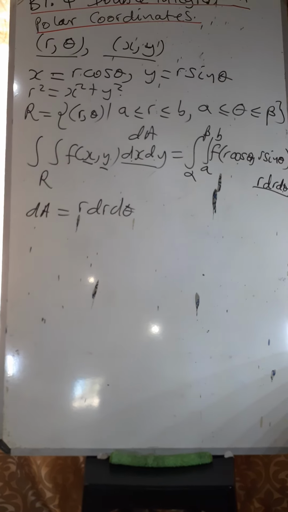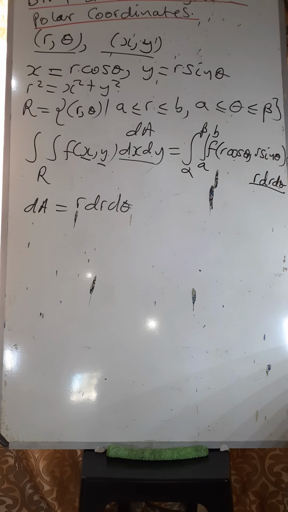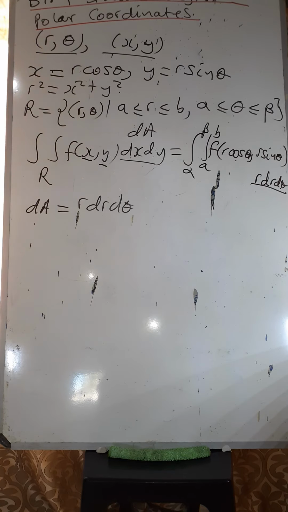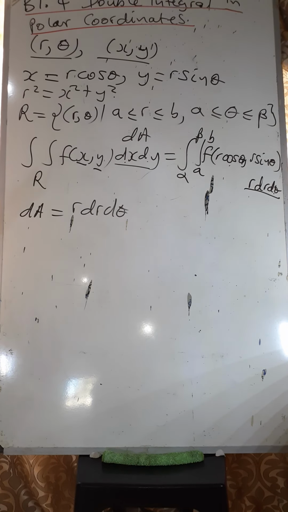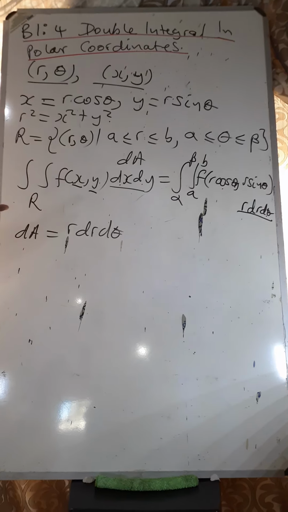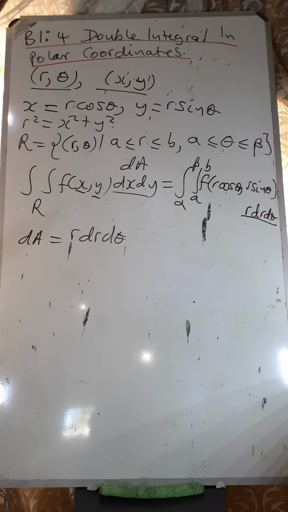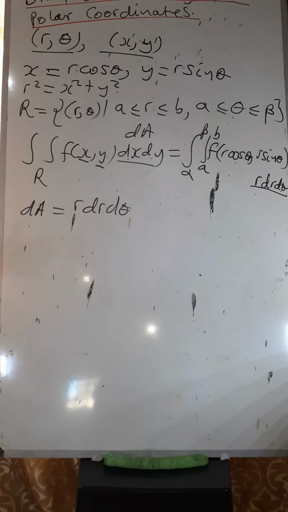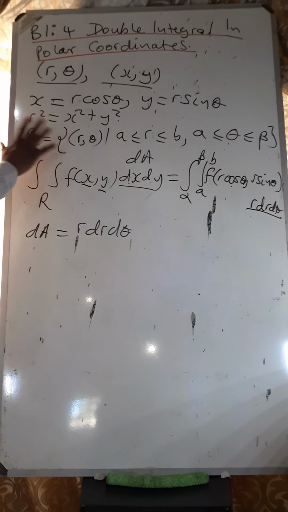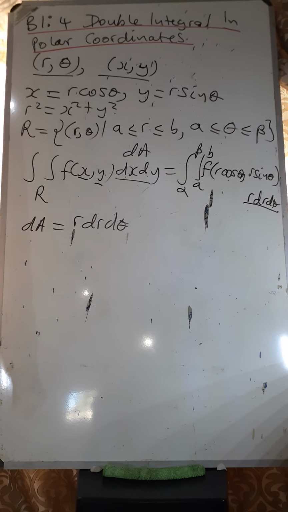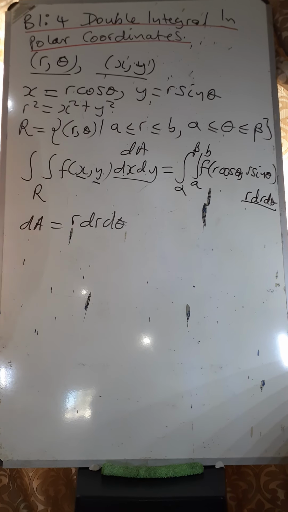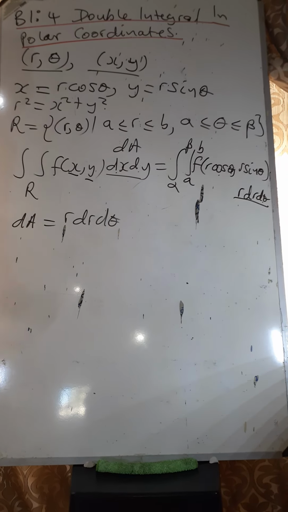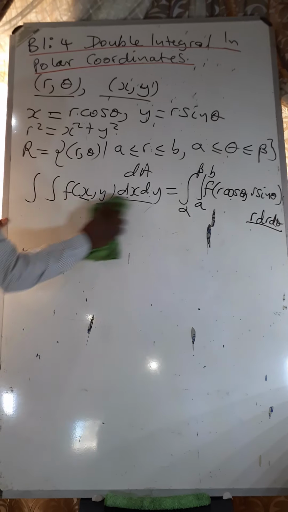The reason why we want to apply the polar coordinates is because sometimes the integrals are difficult to handle. If they have x squared, y squared, then square root thereof, they are difficult to handle. So that's why we have to transfer them from Cartesian to polar. So let's look at an example.